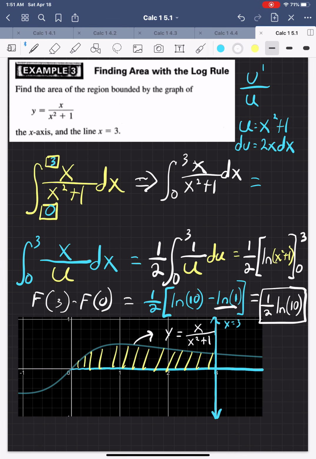That is your area under that curve. Anything other than that, unless you rewrite it in a different way, anything other than this is incorrect. So don't do this.